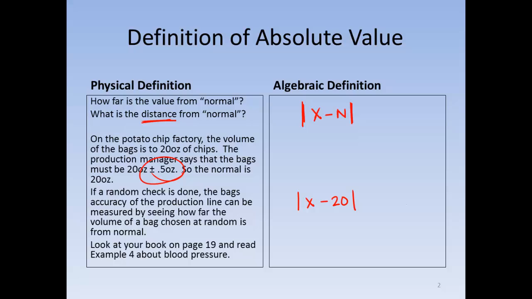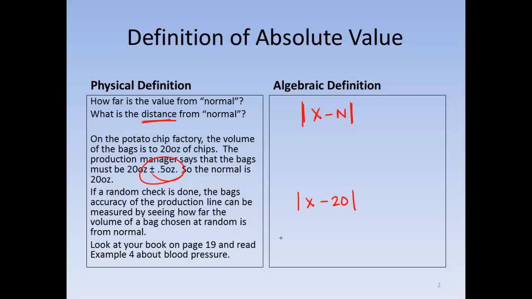Right now, go ahead and pause the video and grab your textbook, and please look on page 19 and read example 4 about blood pressure. Okay, so it says the systolic blood pressure is the maximum pressure produced by each heartbeat. So healthcare professionals are interested in a patient's pressure difference from normal.